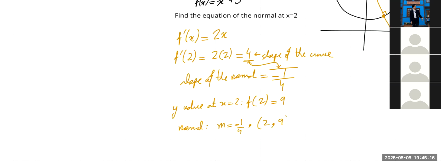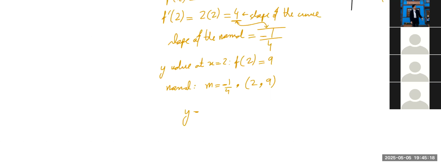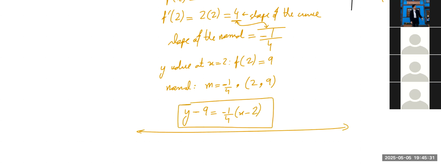We can now write down the equation of this line as y minus 9 equals m times x minus 2. And that is the equation of the normal line.